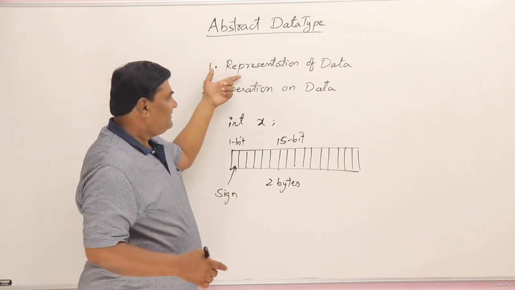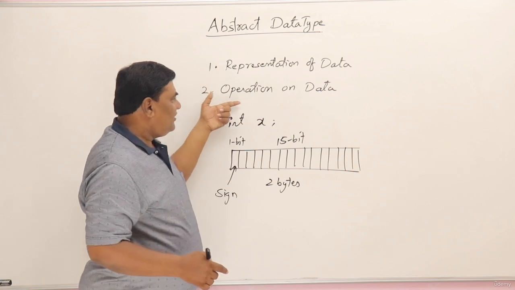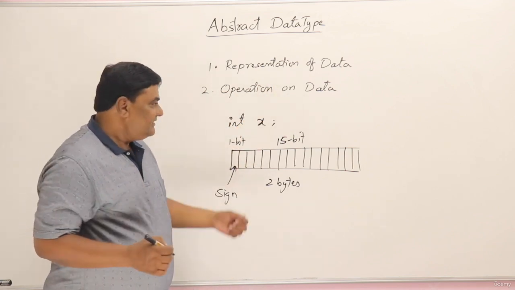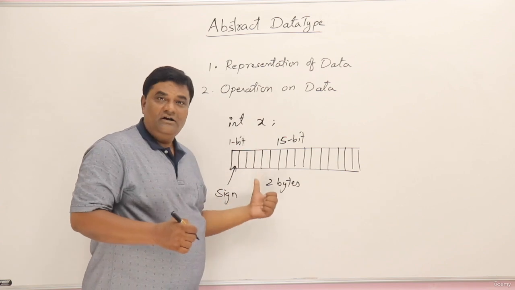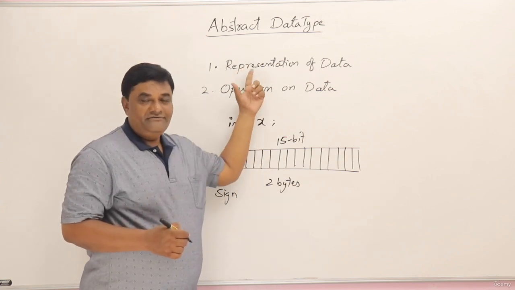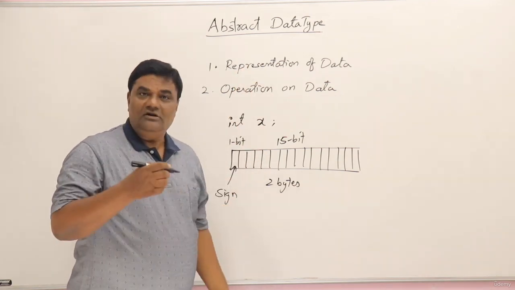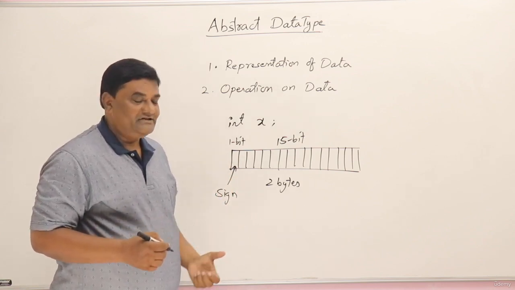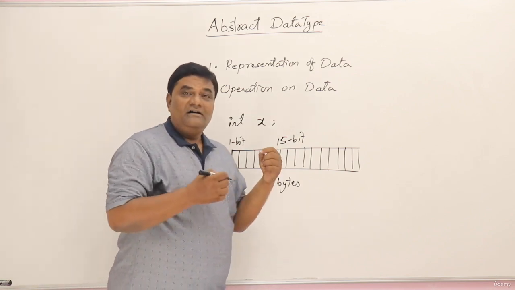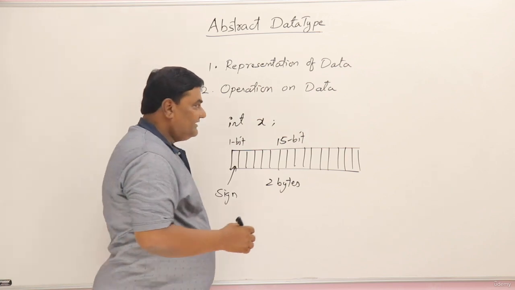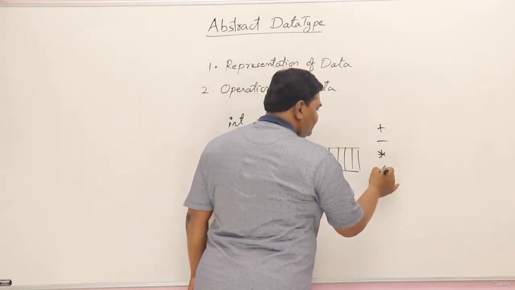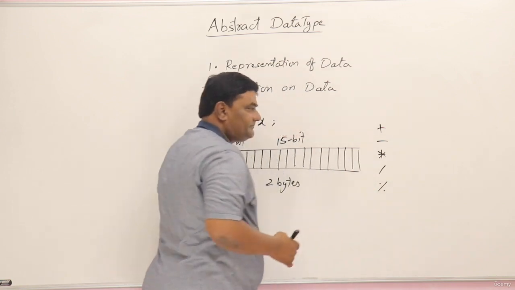So as I said, representation of data and the operations on data. I have taken the example of an integer, and this is how it is represented. This is the first thing we have covered. And what are the operations allowed on integer type data in C, C++ languages? Arithmetic operations are allowed on them, that is addition, subtraction, multiplication, division, and modulus.